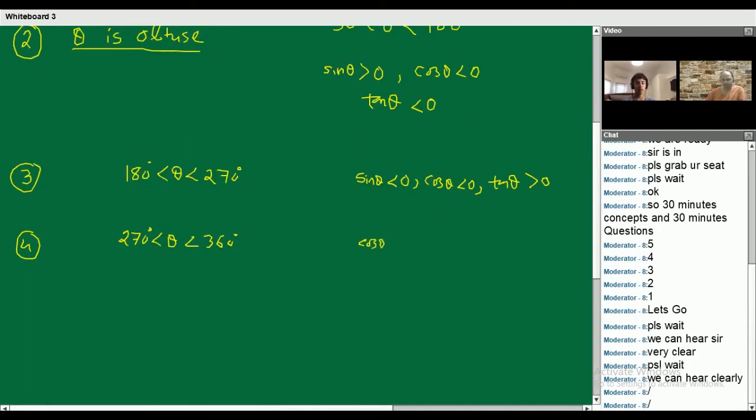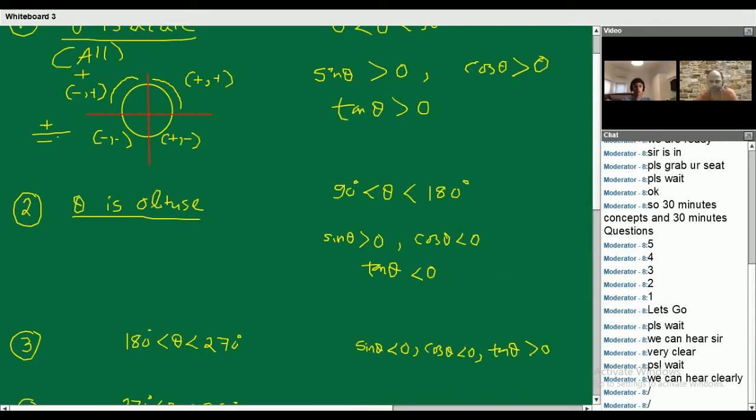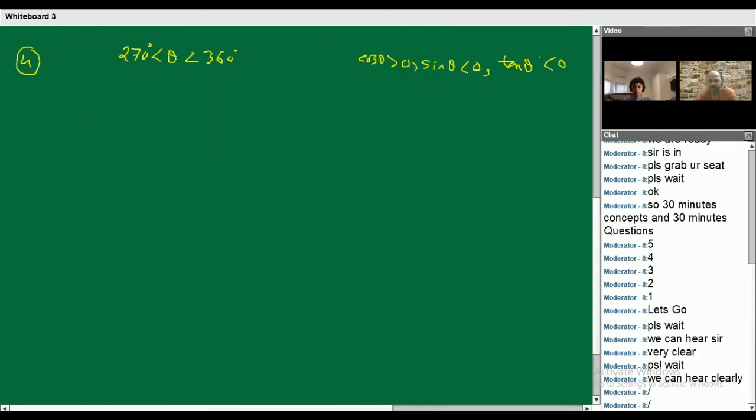And tan will be negative too. Yes, so we have to remember this. The next thing we are going to learn is some relationships, like sine of 180 degrees minus theta, which is going to be sine theta.